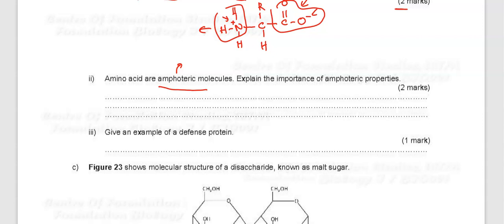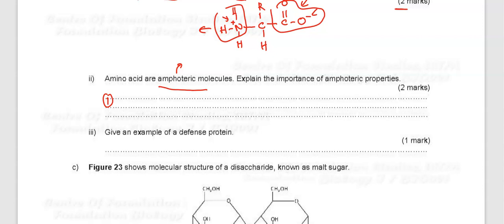So explain the importance of this property. For the first point, you can mention that it has both acidic and basic groups, or for the same point you can mention the amino group is ionized into NH3 plus and the acidic group is ionized into COO negative.